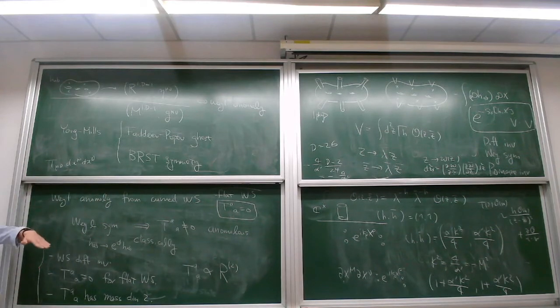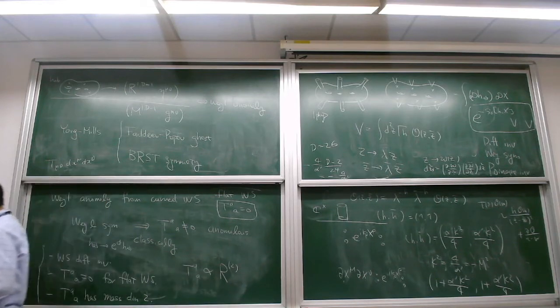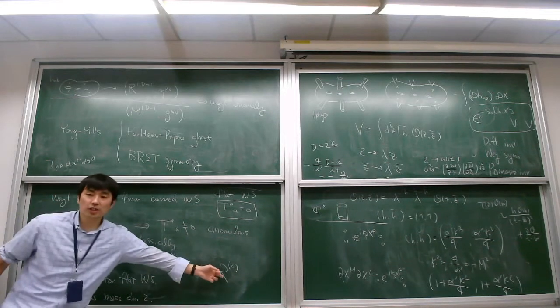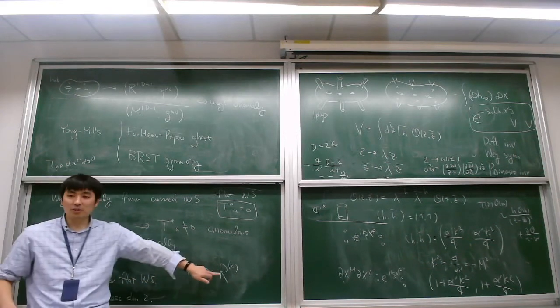If there is an anomaly, these three facts restrict its form. The Ricci scalar is invariant under diffeomorphism, and in the flat limit it is 0, so T^a_a becomes 0.